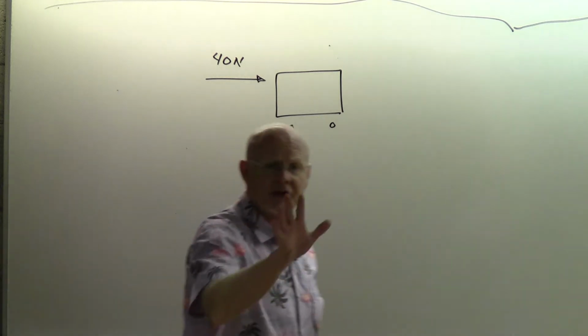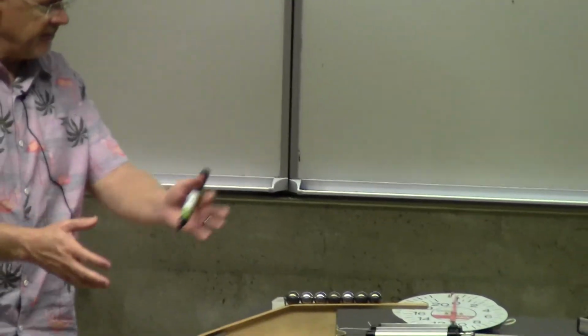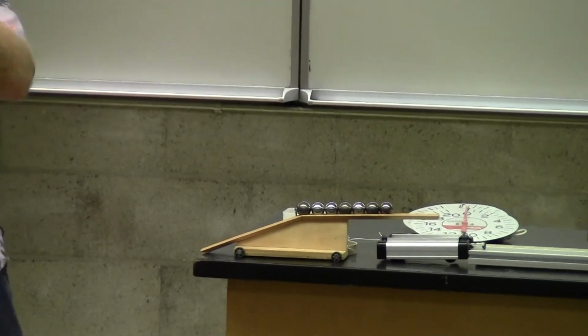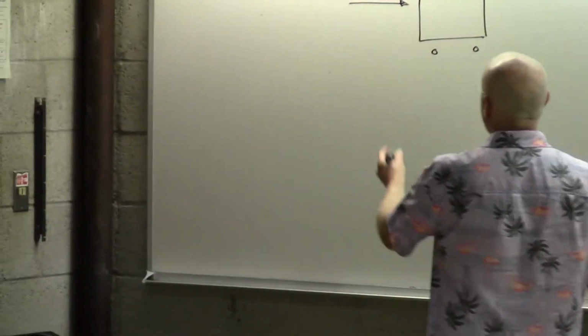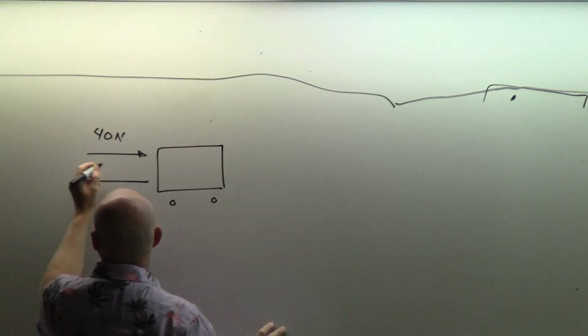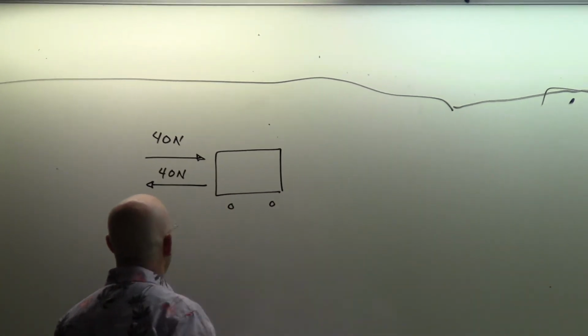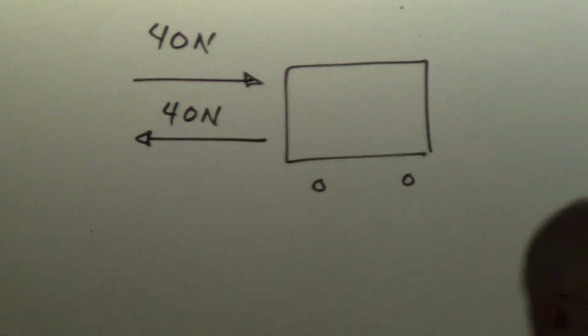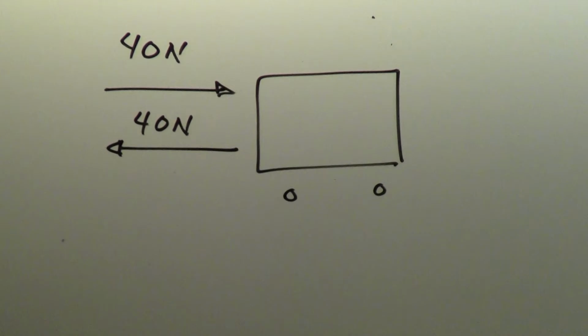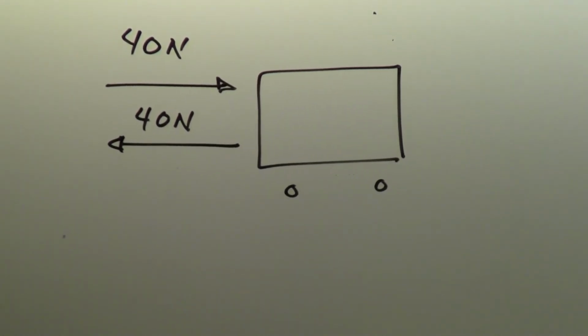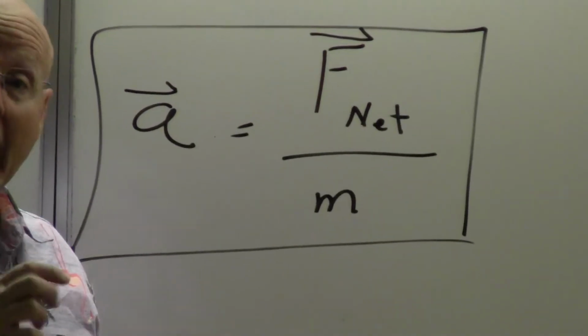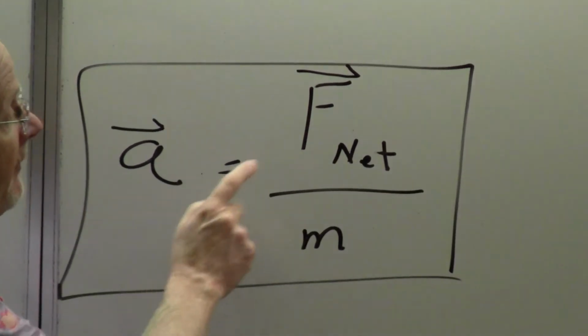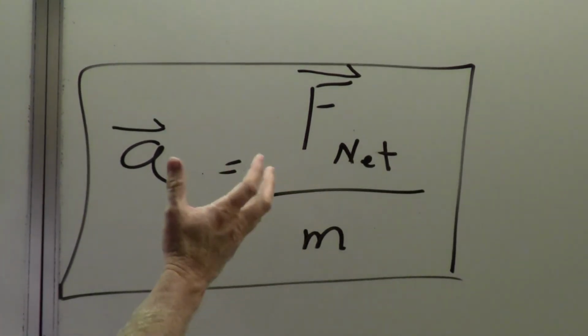So I'm pushing with 40 newtons. But what would happen, and I'll start with the easy one here, if my friend, either next to me or on the other side, was pushing this way, to the east, which in my drawing I'll call the negative direction. So my friend is pushing 40 that way. And this is where Newton's second law becomes a little more, I'll say useful, but I'll also say mathematically challenging, because you got to figure out then, okay, what is the net force?